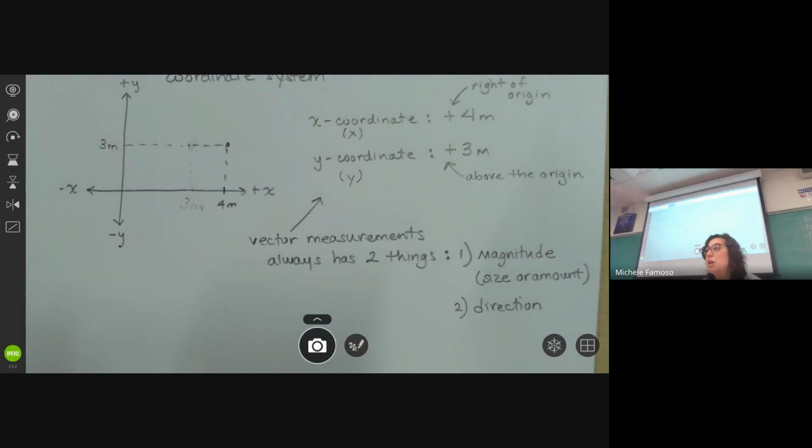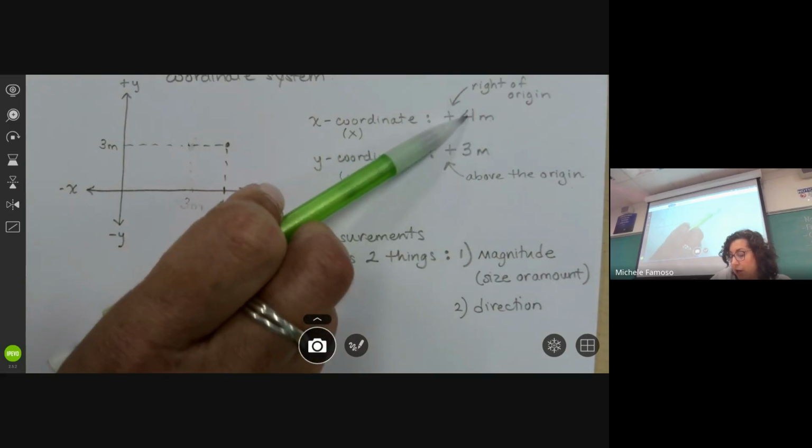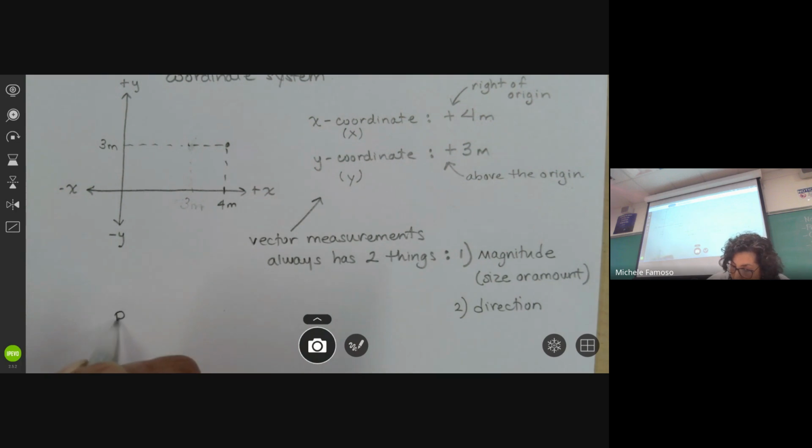In a moment, we're going to talk about different ways we can specify the direction. It's not always with a positive sign. So what we're seeing here, because I'm giving you these positions with direction and magnitude, we would say that position is a vector quantity.